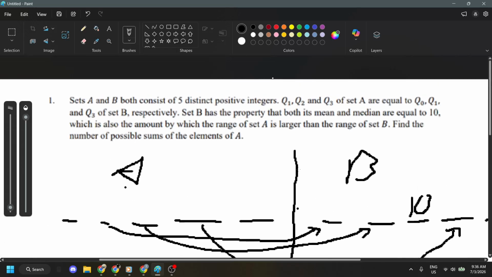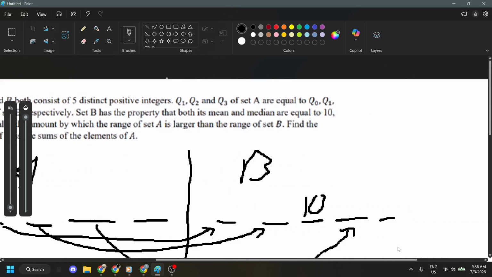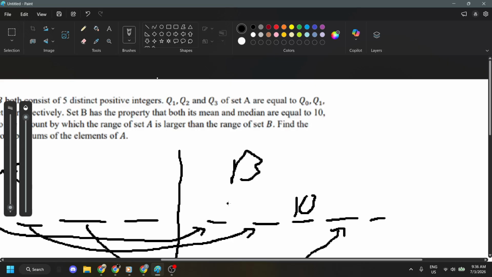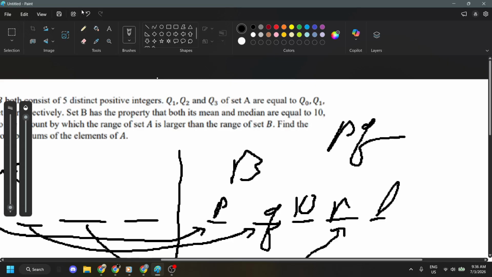Okay. But its mean and median are equal to 10. So let's call this P, Q, R, S. No, P, Q, R, L. So we know P plus Q plus 10 plus R plus L over 5 is equal to 10.